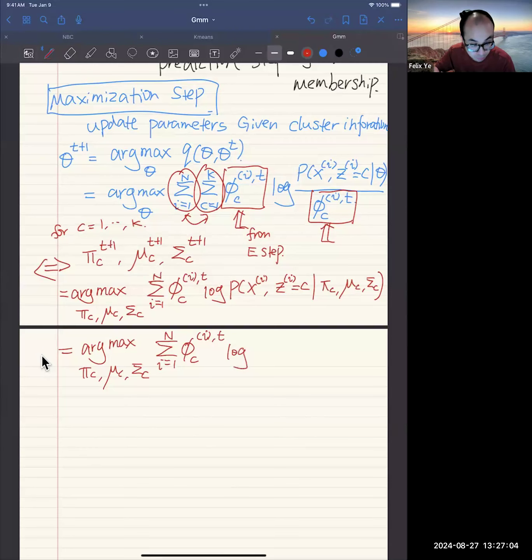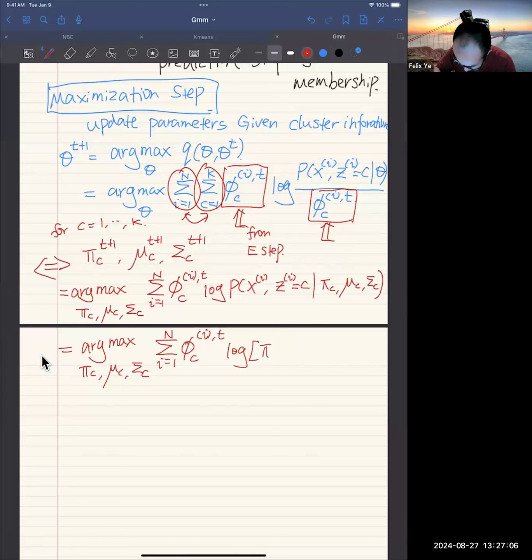So the logarithm of pi c times the probability, which in this case is the Gaussian of x i conditional on mu c and sigma c; we have nothing to do with pi here.